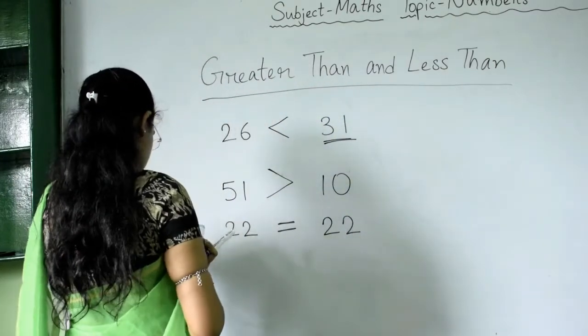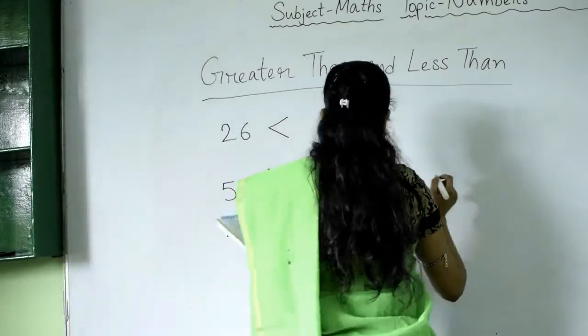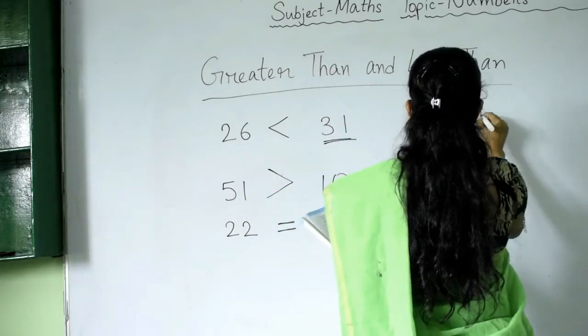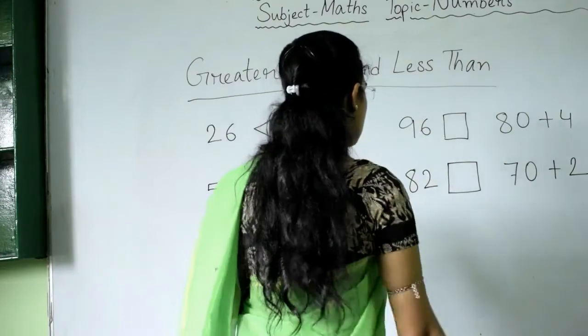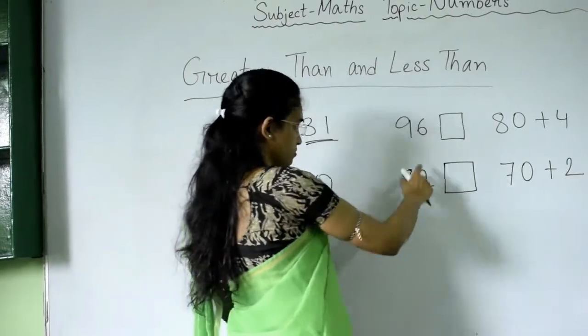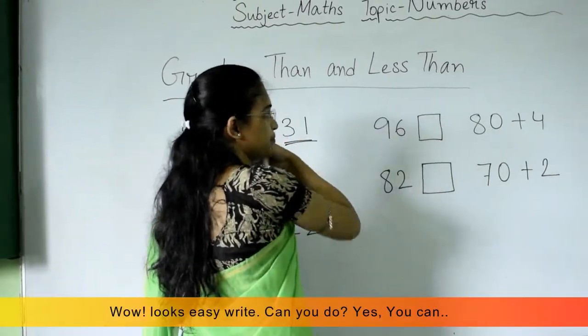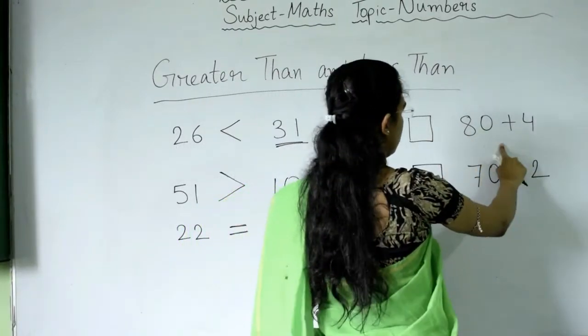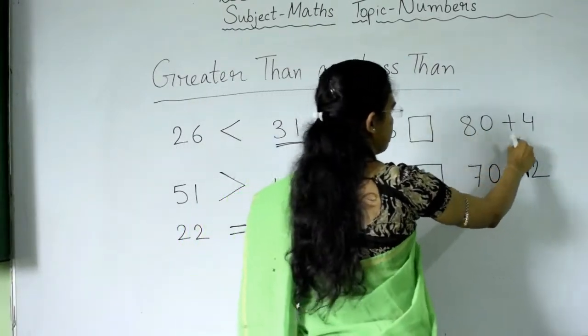Now if I give you, okay, now look here, I have given different type of sums here. On one side we have 96 and on the other side we have 80 plus 4.